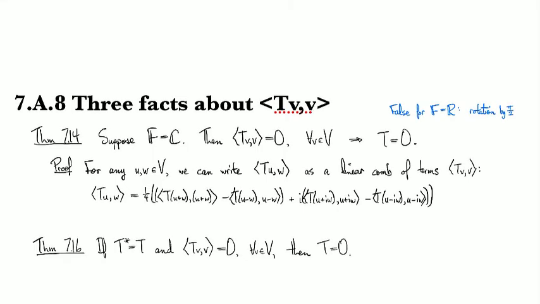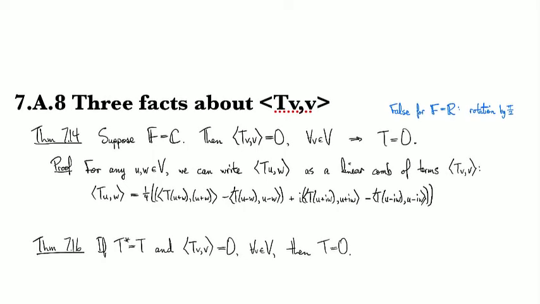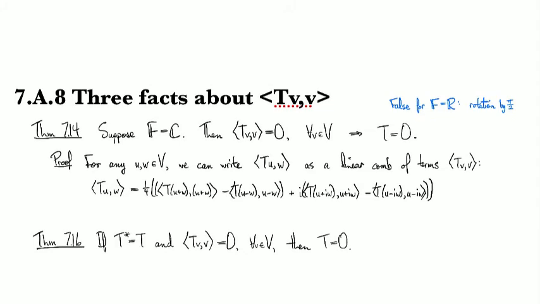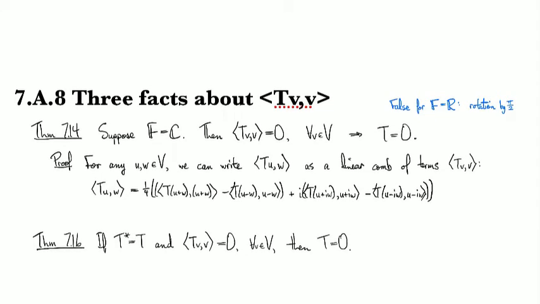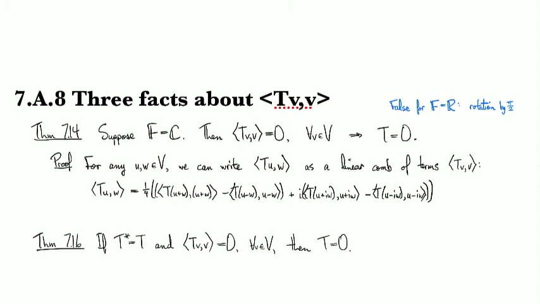All right, so there's nothing really to be seen here. It's just if you take the right-hand side of this and you crunch it out, eventually it boils down to inner product of TUW. That's it.